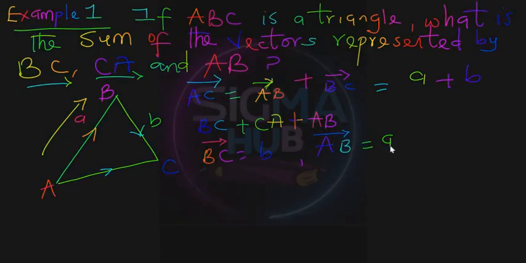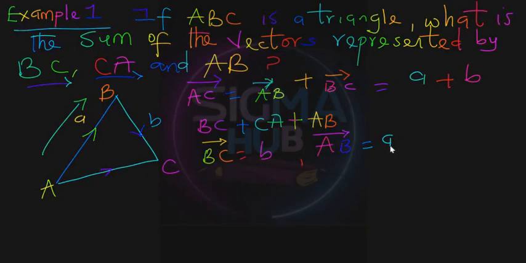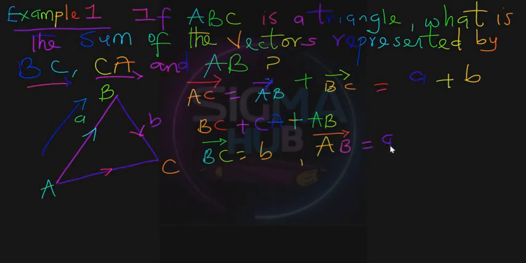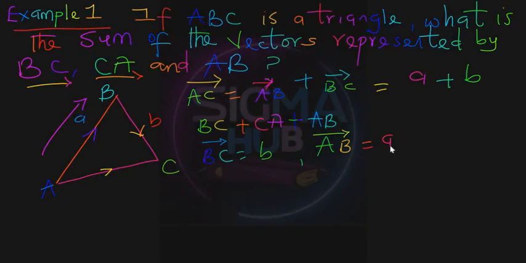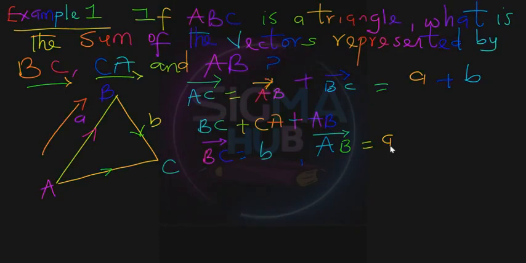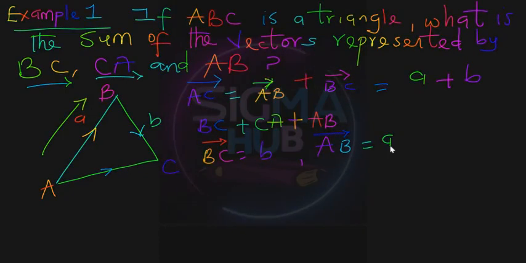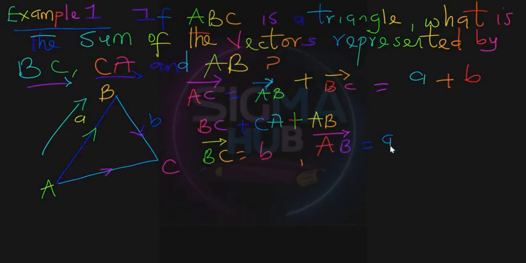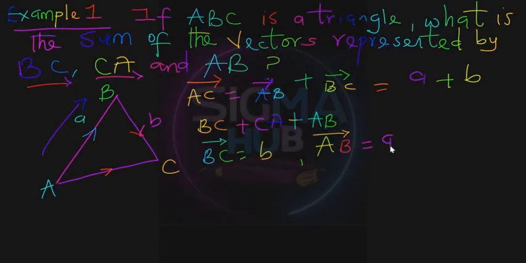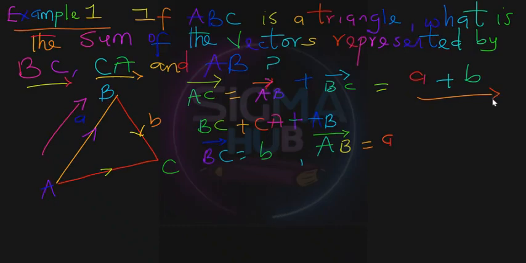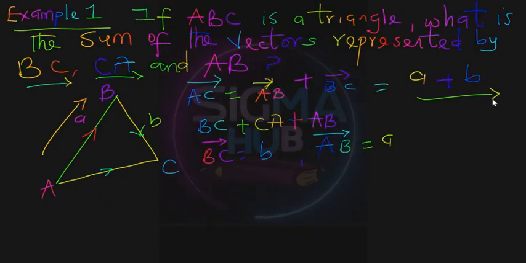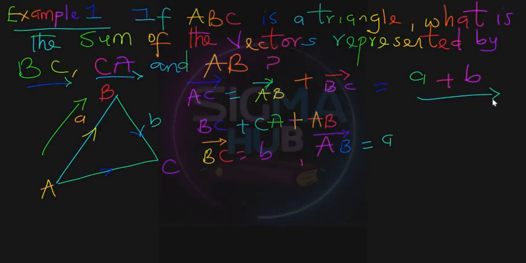Now the question is, what is CA? We only know what AC is. If A to C is a plus b, because it's the same thing as moving from A to B and then from B to C, it means CA is moving in the opposite direction.